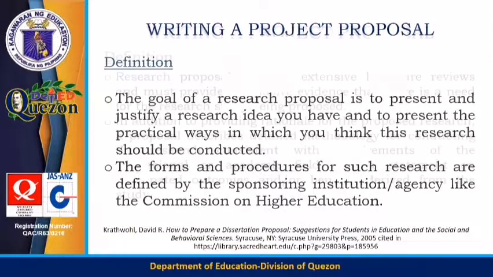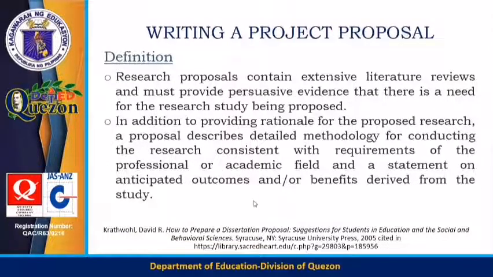The forms and procedures for such research are defined by the sponsoring institution or agency, like the Commission on Higher Education. That's why I presented to you earlier the guidelines set by the Commission on Higher Education in the preparation of research, in the submission or in the appreciation of research project proposal.